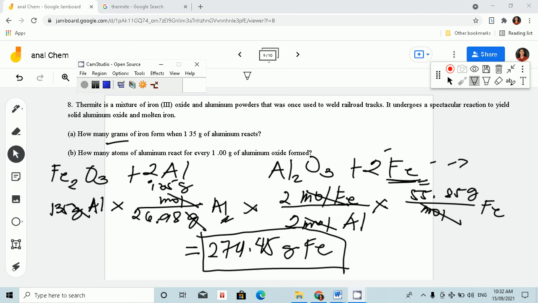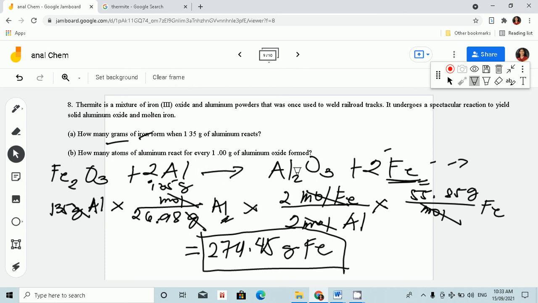So 2 moles of aluminum is equal to 2 moles of Fe. We use these factors and are left with moles of Fe, times 55.85 grams Fe, which is the atomic mass of Fe. Then simple multiplication and division gives 274.45 grams Fe.